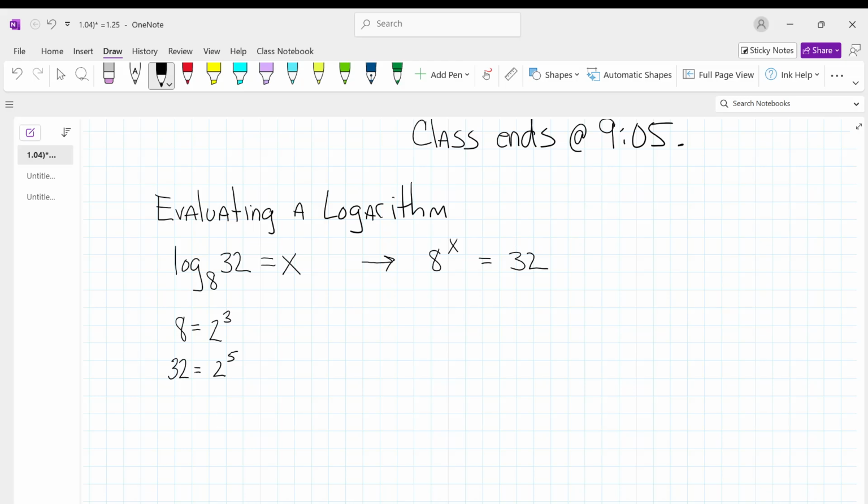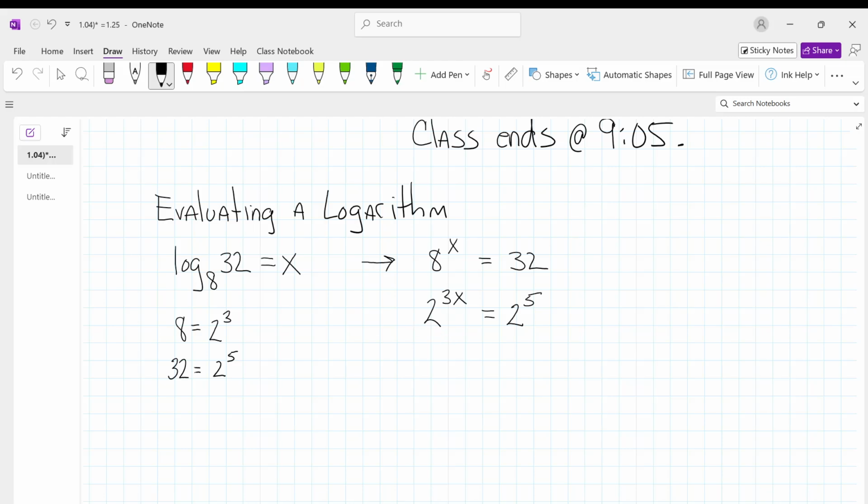So we can rewrite the 8 as 2 to the third, still times this x power. We're going to rewrite the 32 as 2 to the fifth. Now, when your bases are the same and you've got variables in your exponents, you can cancel your bases.